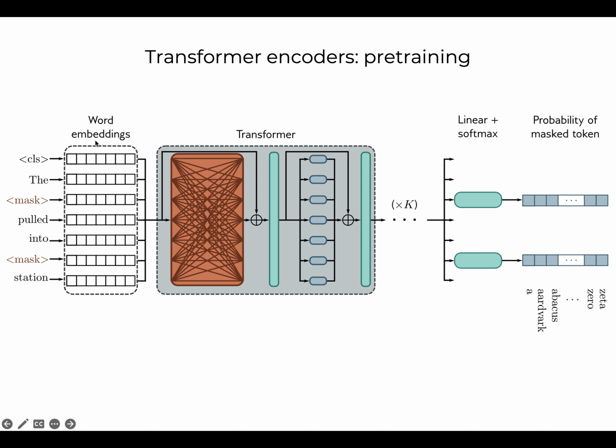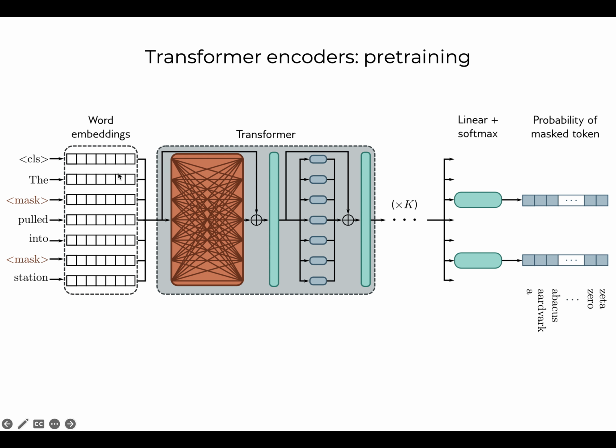The input to the transformer is a set of word embeddings, and these would be augmented by positional encoding information, so that the transformer knows that this token here, the start of the sequence, comes first, then this next token, the, comes second.